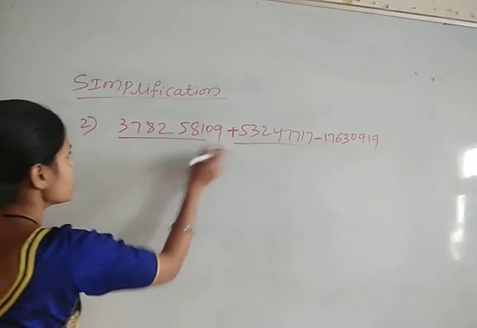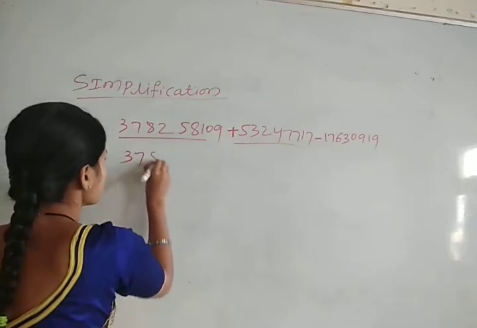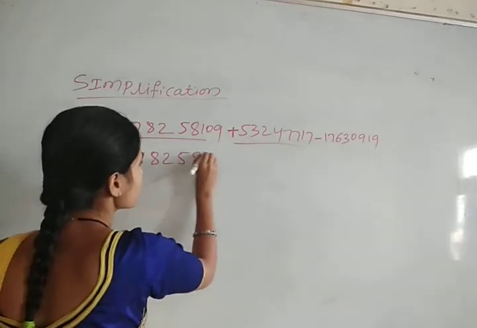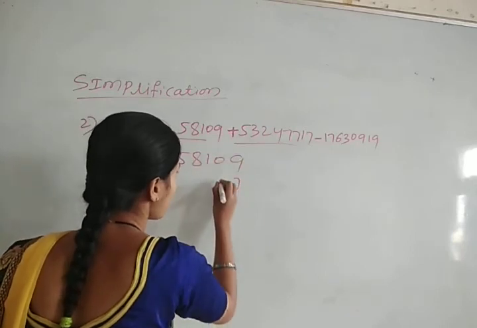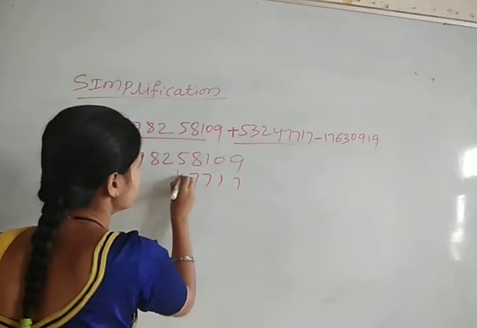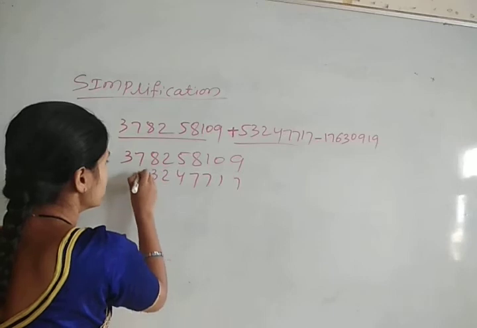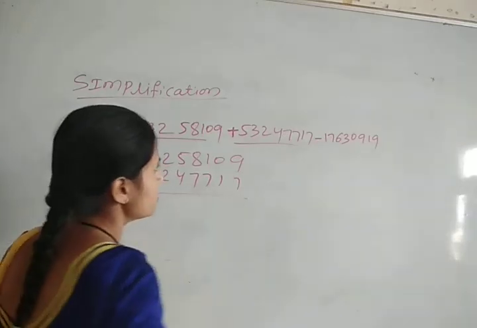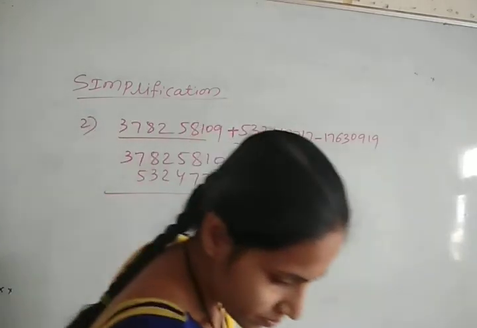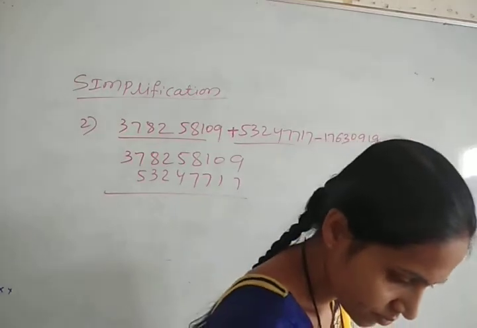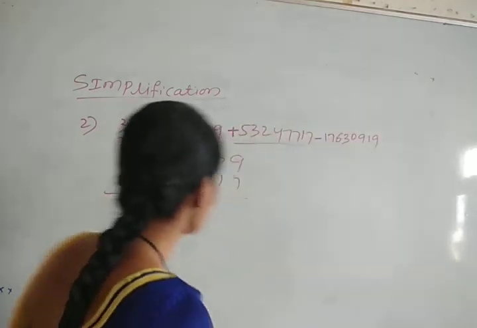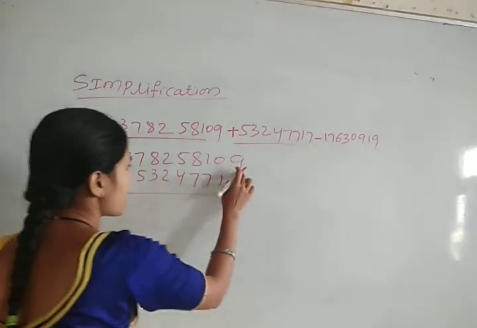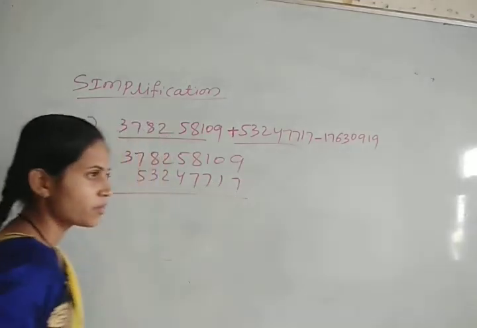Now I will add these two numbers. First of all, I will write those two numbers in the column form. Then I will add. Okay. Now let us add. Now 9 plus 7 becomes how much?